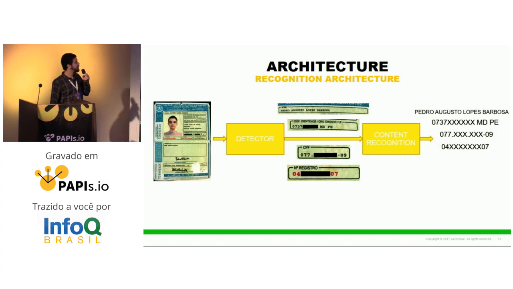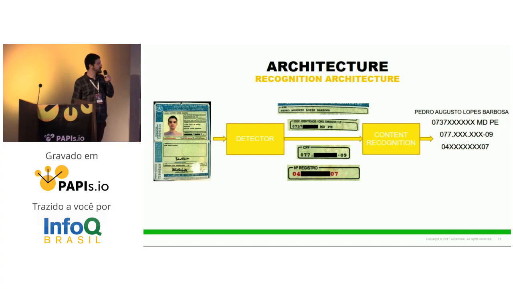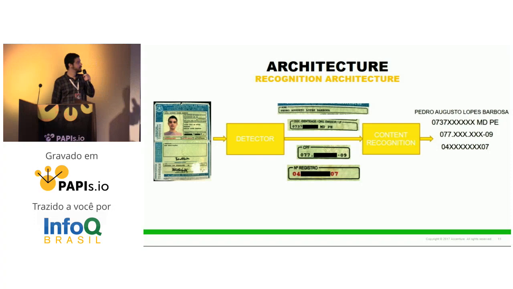For example, there we got the name, the personal ID number, the other personal ID number, and the driver's license number. And then you go to content recognition, which uses a model with LSTM and inception. Then you get the information from these images.